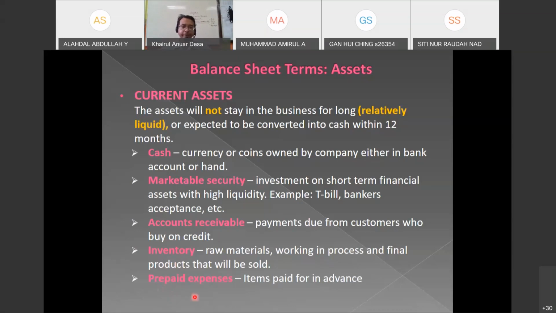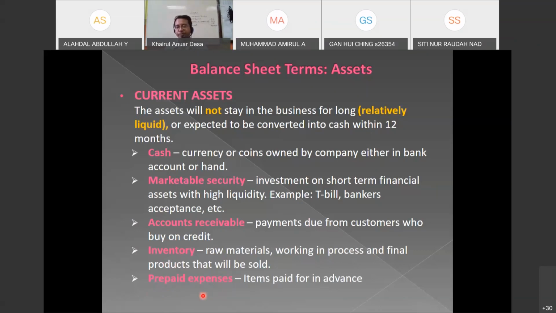So what is the prepaid expenses? Prepaid expenses is we pay in advance. We pay in advance. That is the prepaid expenses. Contohnya, our Astro bill, okay, our Astro bill is about 150 per month.